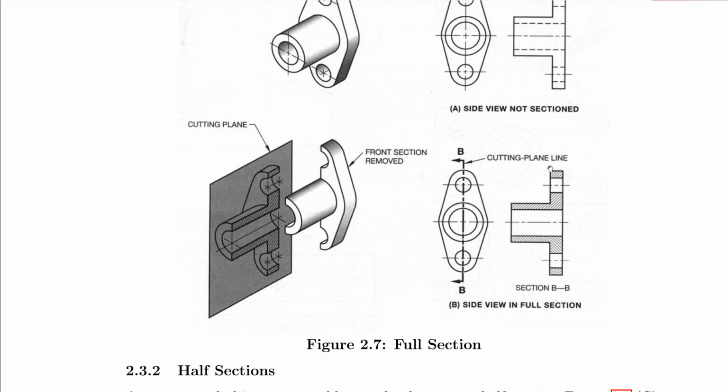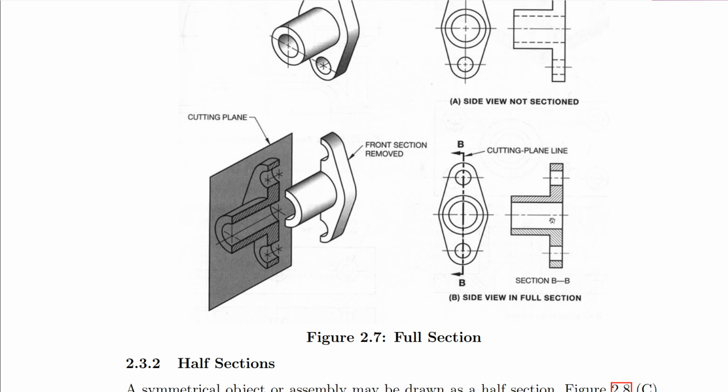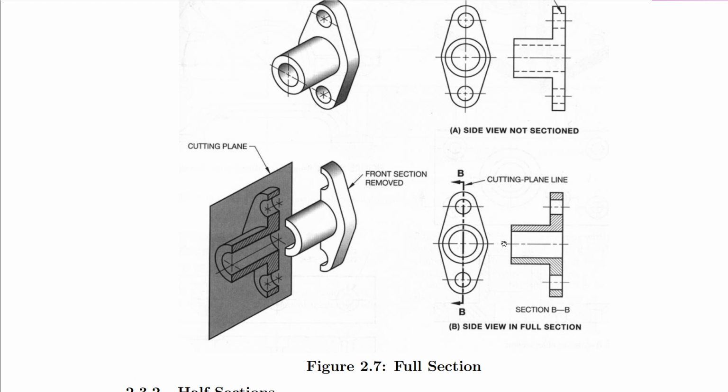And you realize that when we produce the sectional view, all the hidden lines that should show in the orthographic projection will disappear. So for instance, the hole inside, which in orthographic projection we have as short dashes, on the sectional view the short dashes are removed and we have a continuous line.